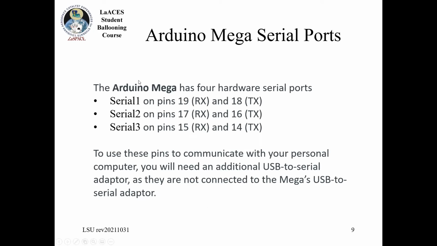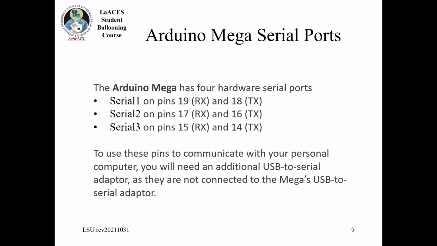So like we said, we have the regular serial on 0 and 1, and then these are the other 3 serial pins. There's pin 0 and 1, and that is also the one that's connected to your USB. So when you are talking to the computer through the USB, you're using, as we've done several times, the regular serial with no number, and that's also on hardware pins 0 and 1.